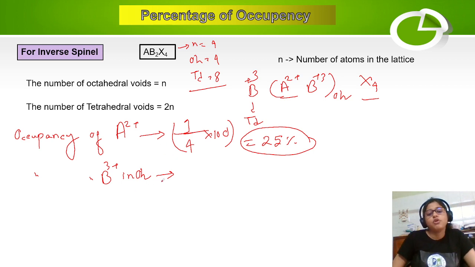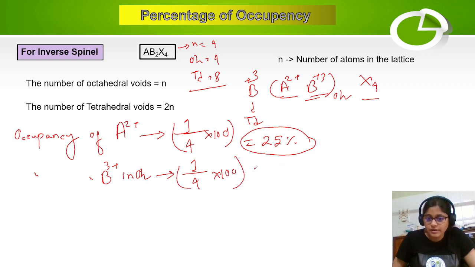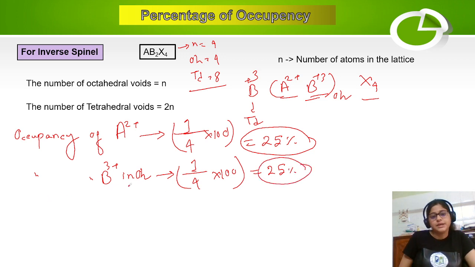So B3+ in octahedral, now what? Octahedral 1, again 1 by 4 into 100, because another one is gone in tetrahedral. So here it will again be 25%. So that is the occupancy of B3+ in octahedral, and the occupancy of B3+ in tetrahedral will be what?